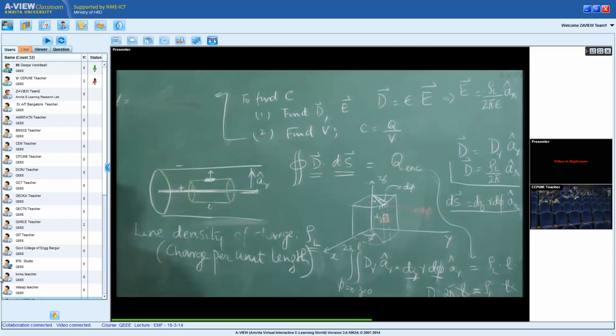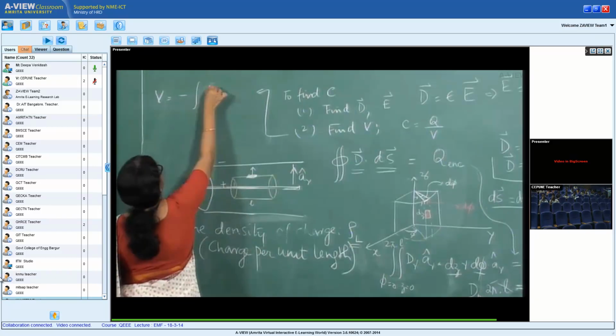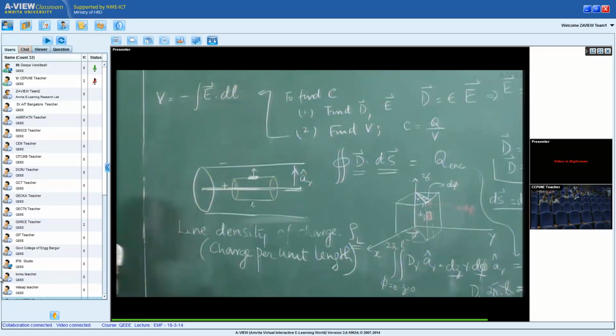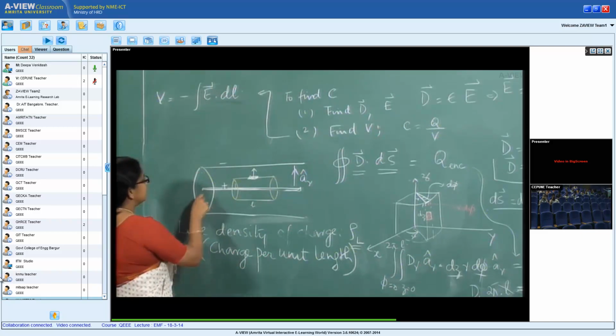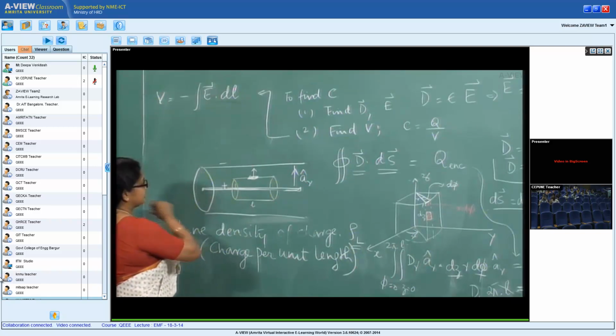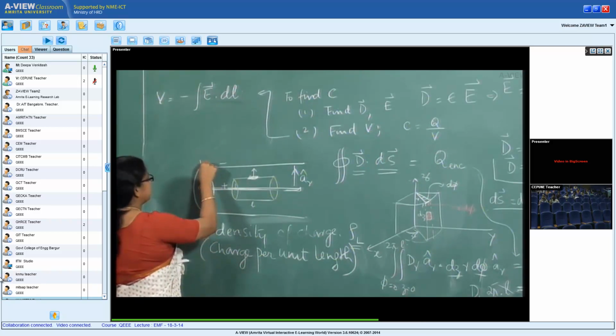Your potential is, we derived yesterday that potential is minus E dot dl. We are finding out the potential between the inner conductor and the outer conductor. Inner conductor has radius a and the outer conductor has a radius b.